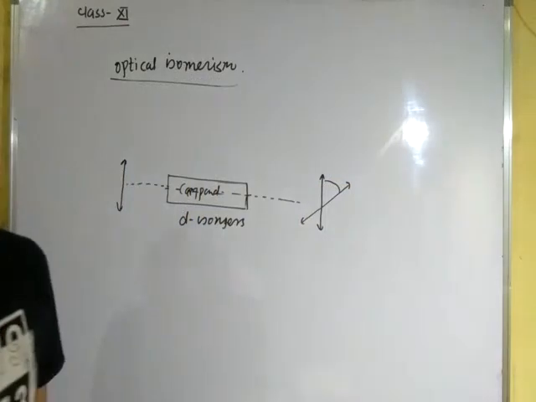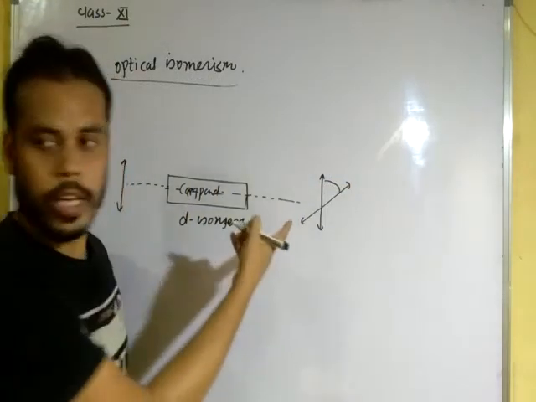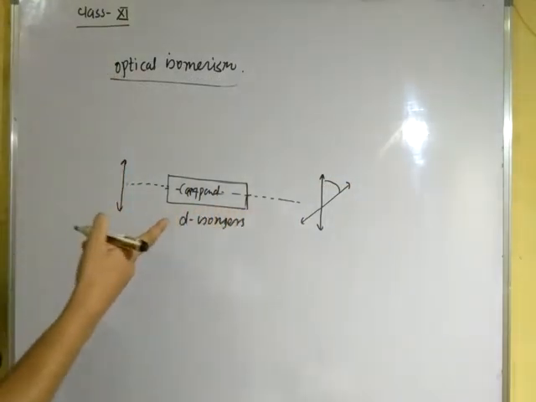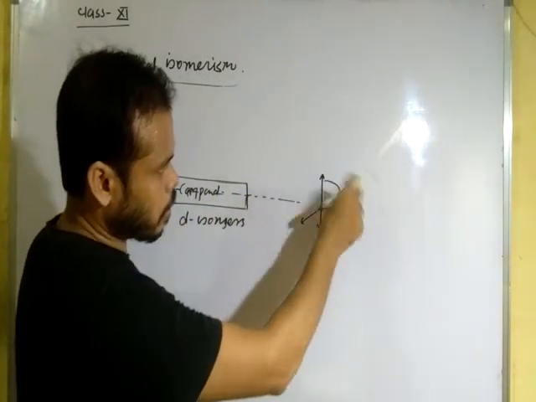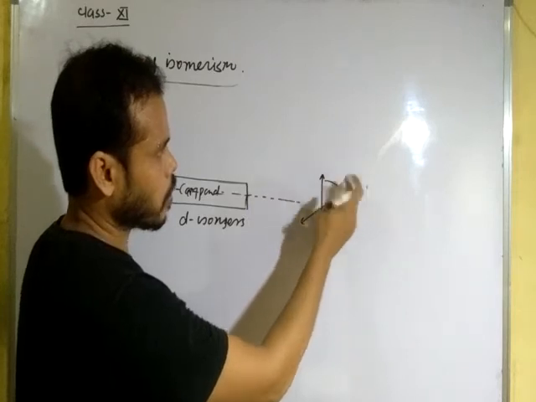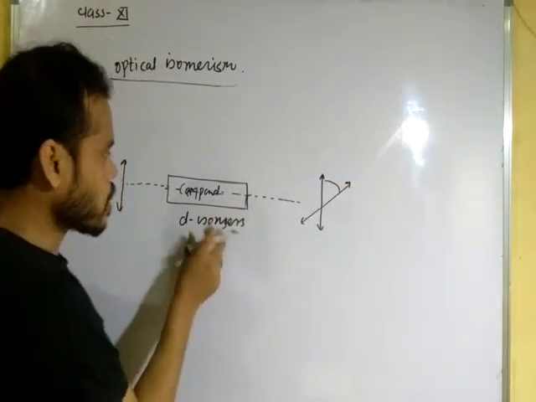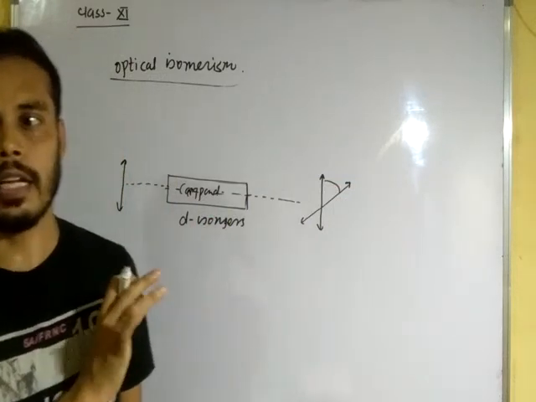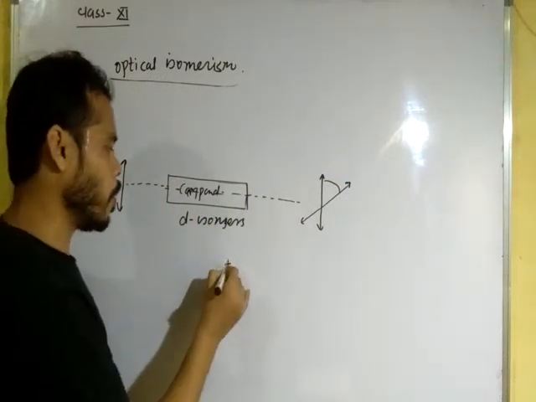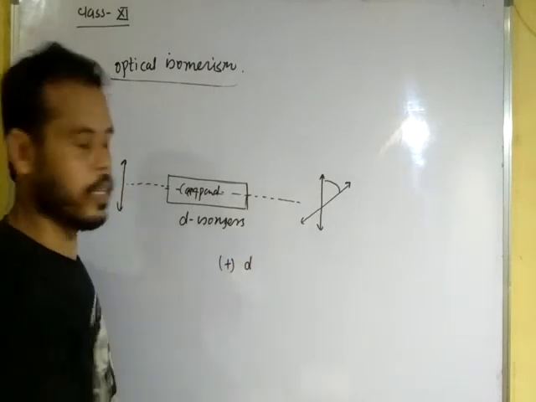Okay, dear student, this is the rotated plane polarized light, and you can see here that it rotates in the clockwise direction. That means this compound is a dextrorotatory compound, represented by plus or D.